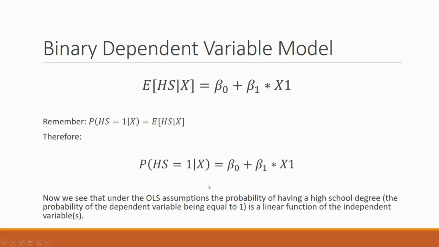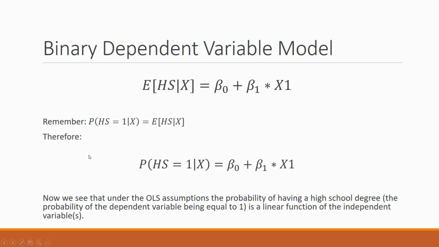So that means this linear function of independent variables, here just a simple linear function with only one independent variable, though we could have more, equals the probability that the high school degree variable will equal 1.